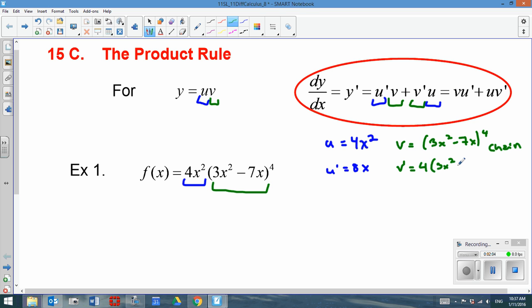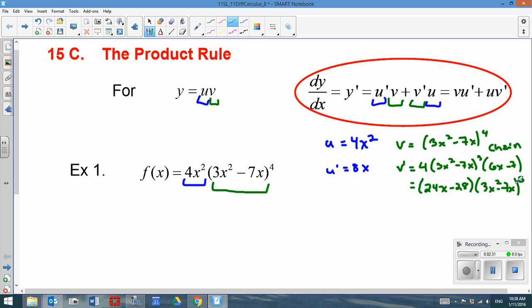Keep your inside function the same, raised to the third power, and then multiply by 6x minus 7. So once we have that, we can simplify this as 24x minus 28 if we multiply the 4 by the 6x minus 7. And I'm going to keep 3x squared minus 7x all raised to the third power.